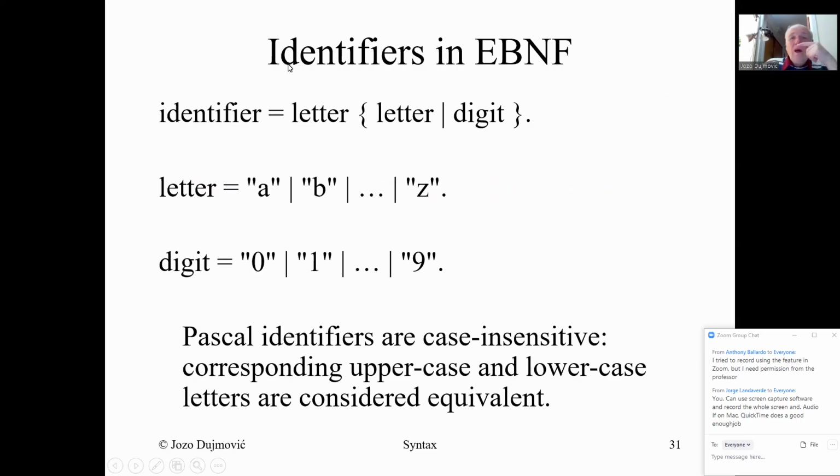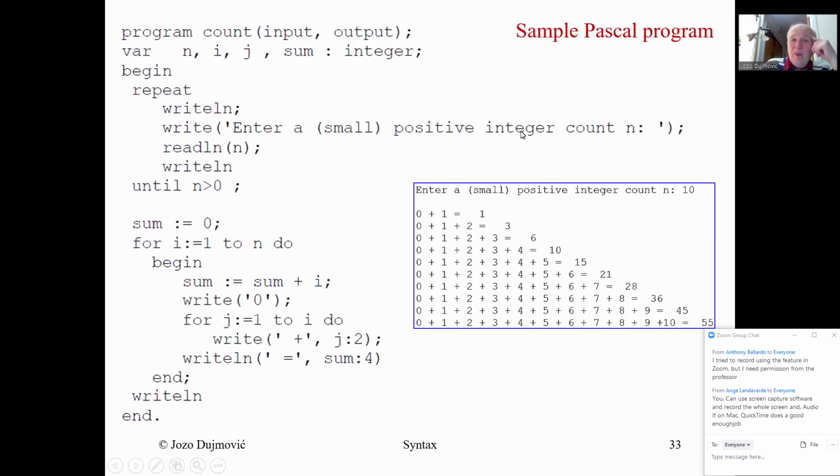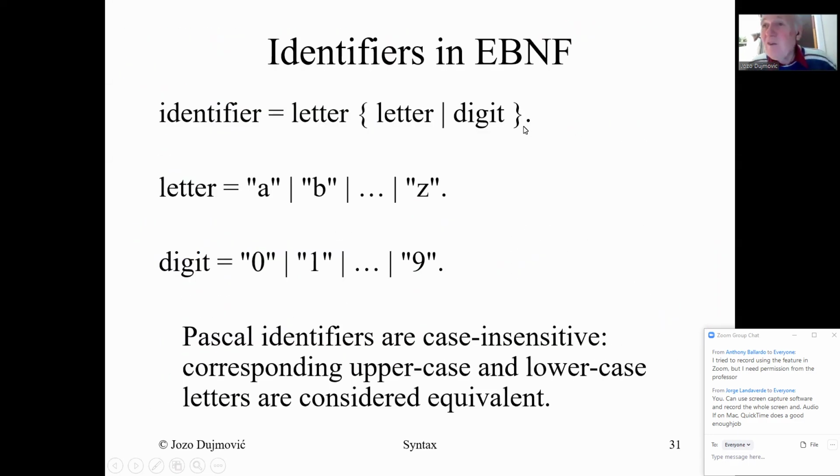So how to define an identifier in EBNF? An identifier in EBNF is defined as a single letter followed by nothing or by letter or by digit. So you have that the identifier is defined as a sequence where you have a single letter, or letter followed by letter, or letter followed by digit, or digit followed by.